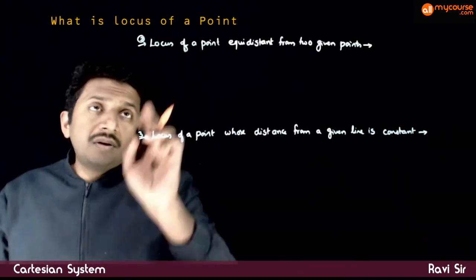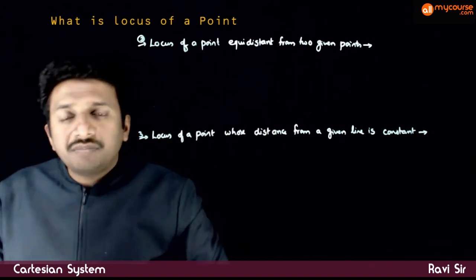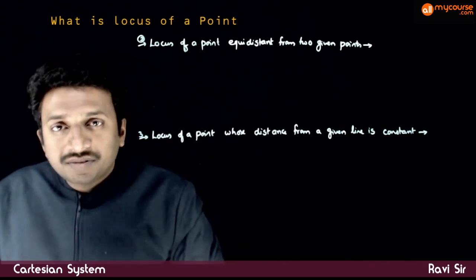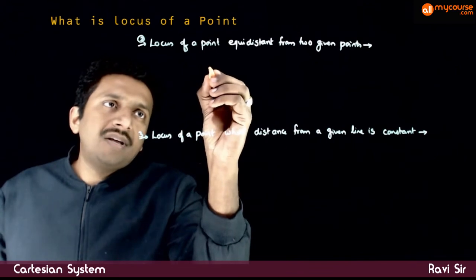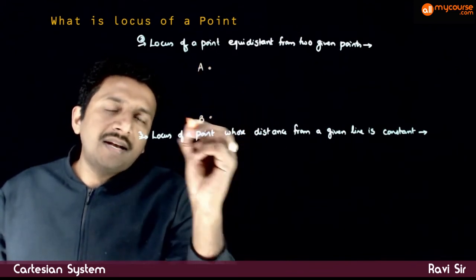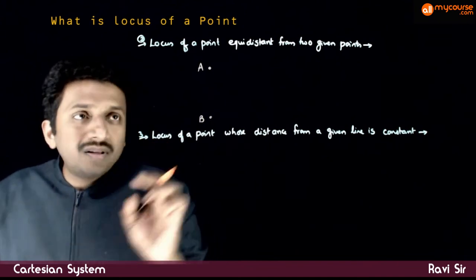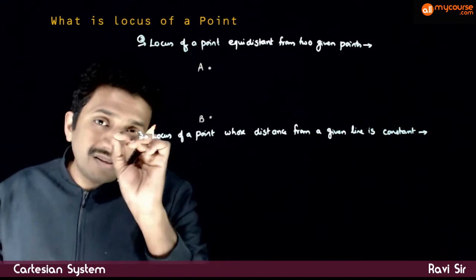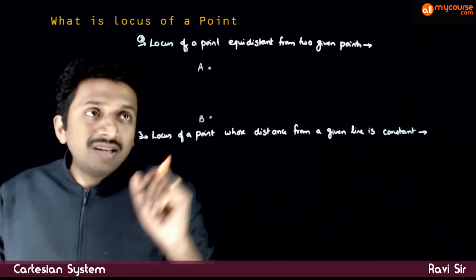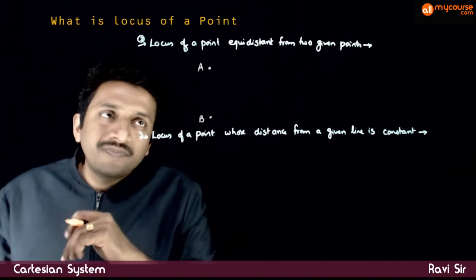Next, you are asked to find the locus of a point equidistant from two given points. Assume that you are given 2 points A and B. So what is the path of the point? What is the path followed by the point such that it is equidistant from these 2 points?